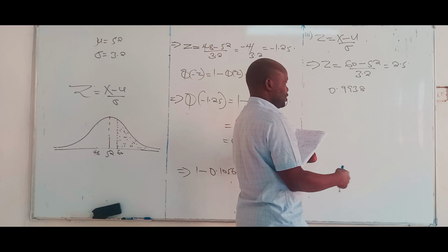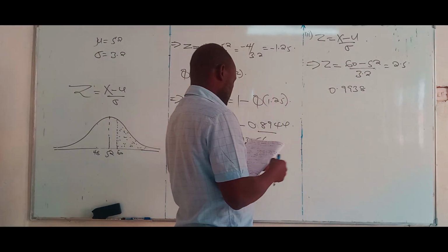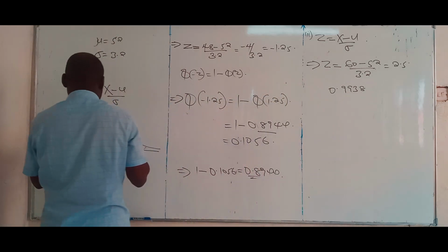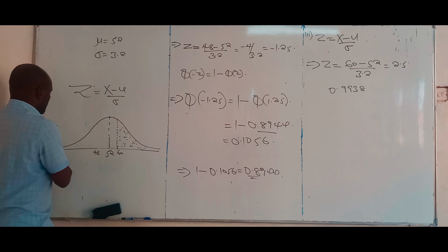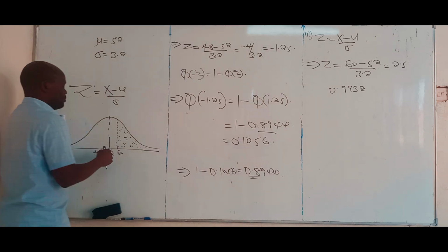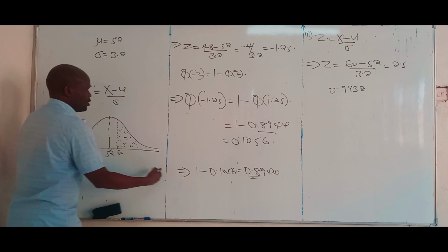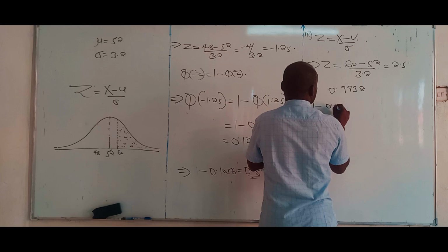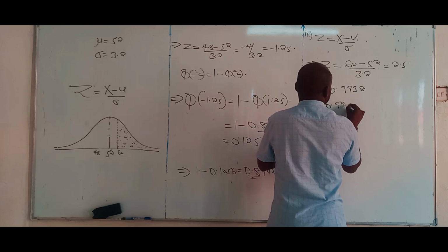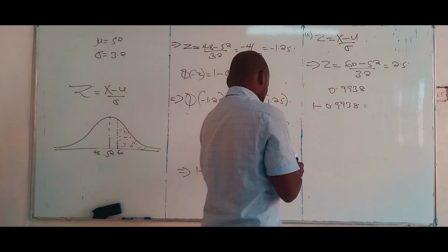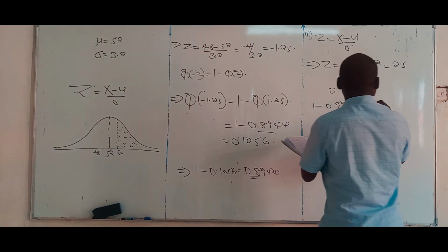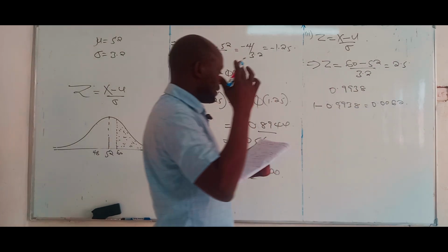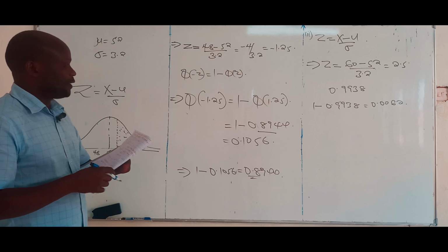So if that is the probability that it is between 0 and 60, then what is the probability that it is 60 and beyond? That will be 1 minus this. So the required probability in Roman 2 becomes 1 minus 0.9938, which should be 0.0062, and that's the required probability in the second instance.